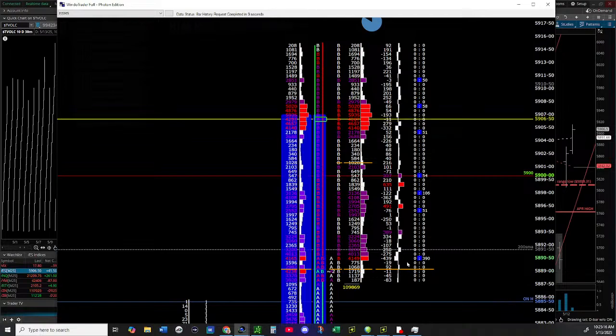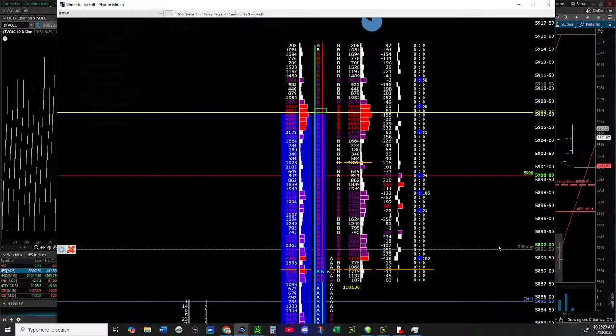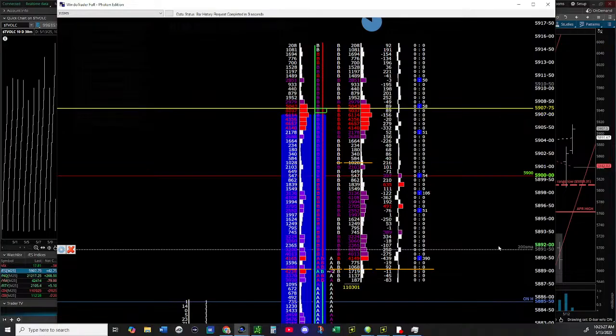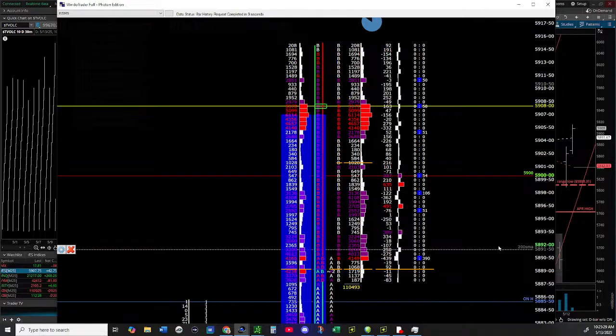But I can see the hardback has not moved up here, nor up here, nor up here. The action remains to the upside. I'm just observing this market now.